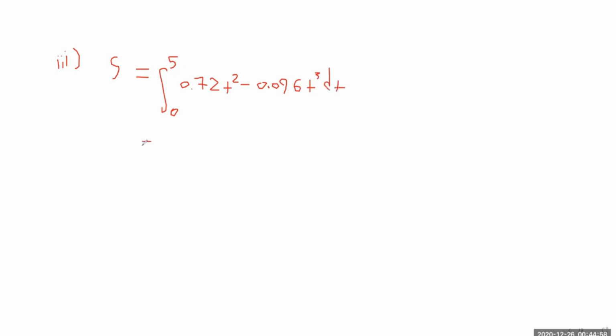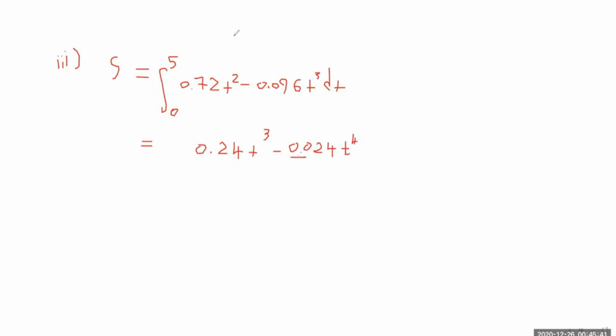So let's integrate this formula now. Integrate it: add 1 to the power, divide by the power. So it's going to be 0.72 divided by 3, which is 0.24 t cubed, minus, add 1 to the power, divide by the power, 0.096 divided by 4, which is 0.024 t to the 4.